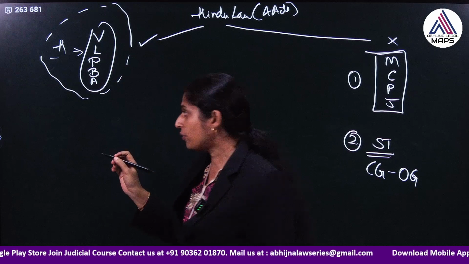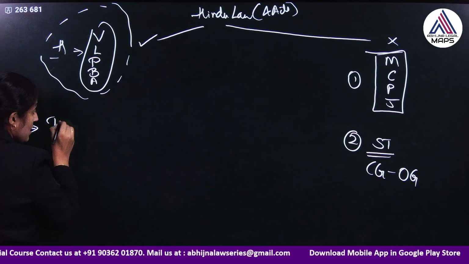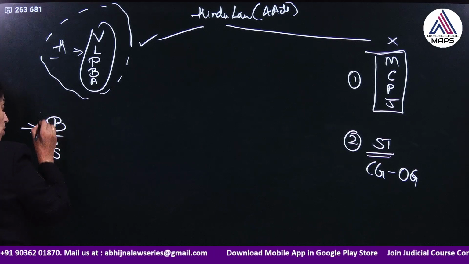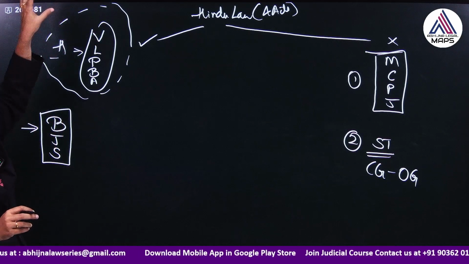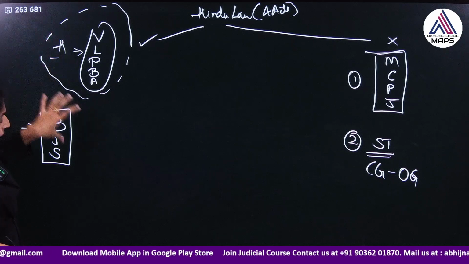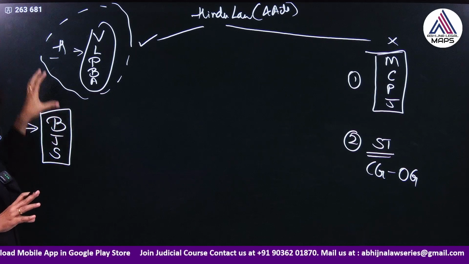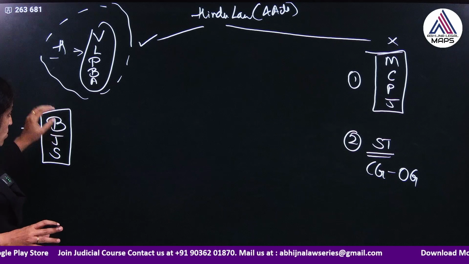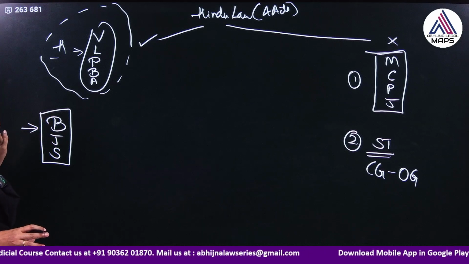Okay. Apart from this, those persons who belong to the religion of Buddhism, Jainism and Sikhism are also called Hindus, because their origin arises from the Moola Sanatan Dharma. By religion they may be called Buddhist, but law sees them as Hindus and applies Hindu laws to the followers of Buddhism, Jainism and Sikhism. Okay.